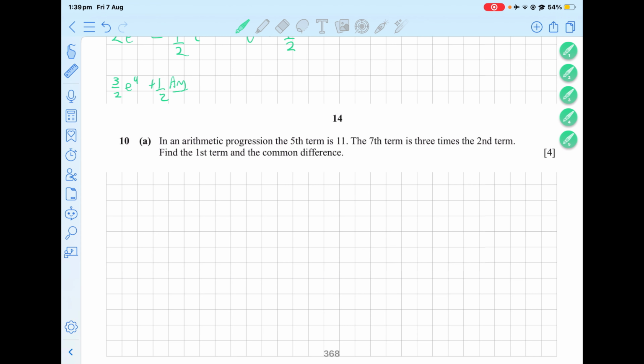So I know that a plus 4d is equal to 11, and I know that a plus 6d is the same thing as 3a plus 3d. So I could say that 2a equals 3d.